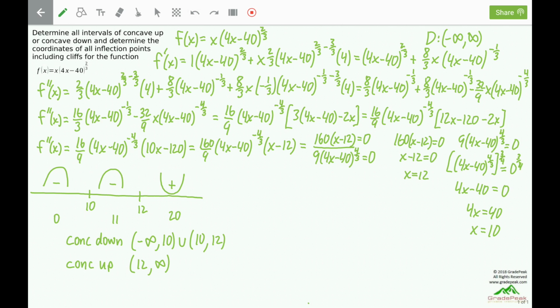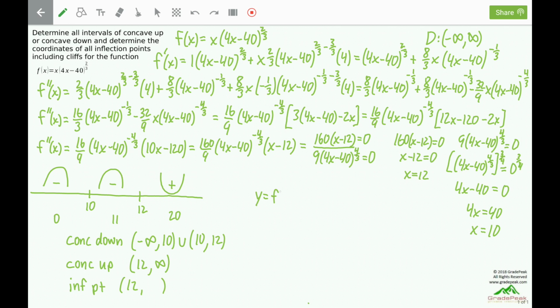Right at the candidate number of x equals 12, we do have the concavity changing from concave down to concave up. So x equals 12 will be an inflection point. So we have an inflection point with an x-coordinate of 12. It will have some corresponding y-coordinate, which can be found by plugging the x-coordinate back into the original function.